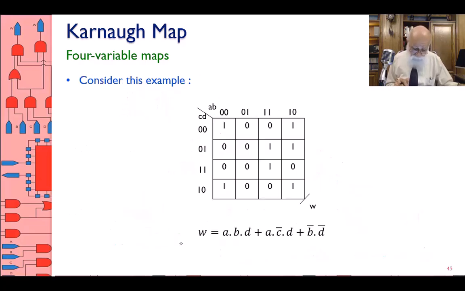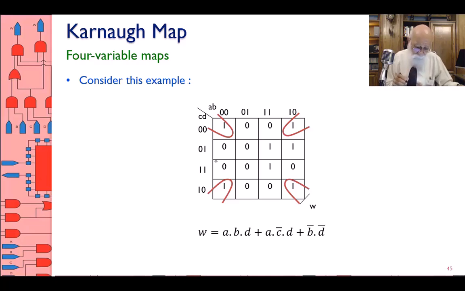All right, let's consider this example. This is another example of 4 variable maps, and look at the 4. Now you're going in the back of the map, or those 4 dots that we showed at the beginning. These are adjacent, and therefore this is A bar, D bar.